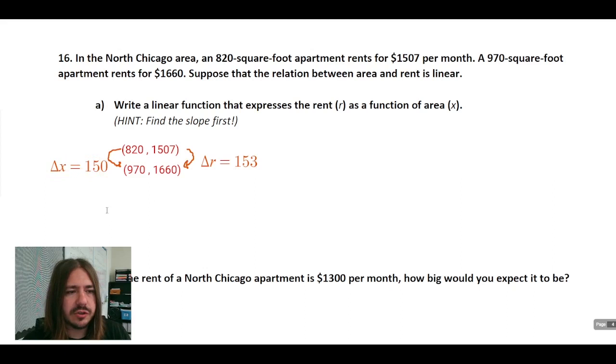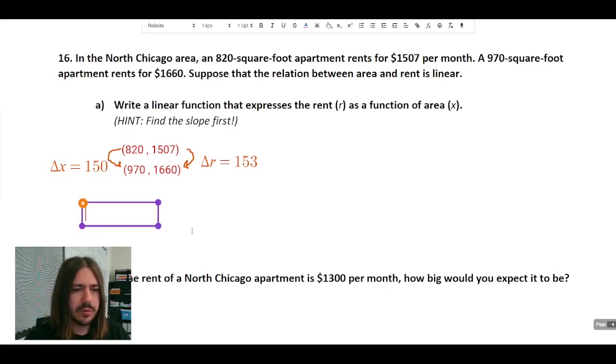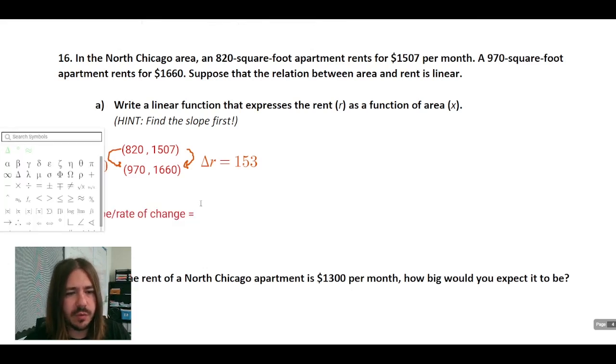The rate of change, or slope, which typically I write as change in y over change in x. We don't actually have a change in y here. We have a change in r. But just so you can keep track of what goes where, that's my change. It's sort of playing the role of change in y.